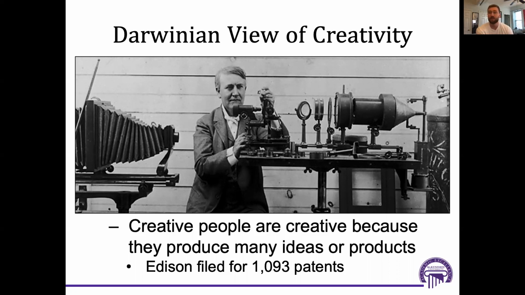Creative people tend to be very prolific in their work. Think about authors, Stephen King. They tend to do a lot. It's not always the case that everything they do is heralded or respected. But again, kind of power in numbers, if you will, right? So the more that you produce, the better, according to this Darwinian view of creativity.